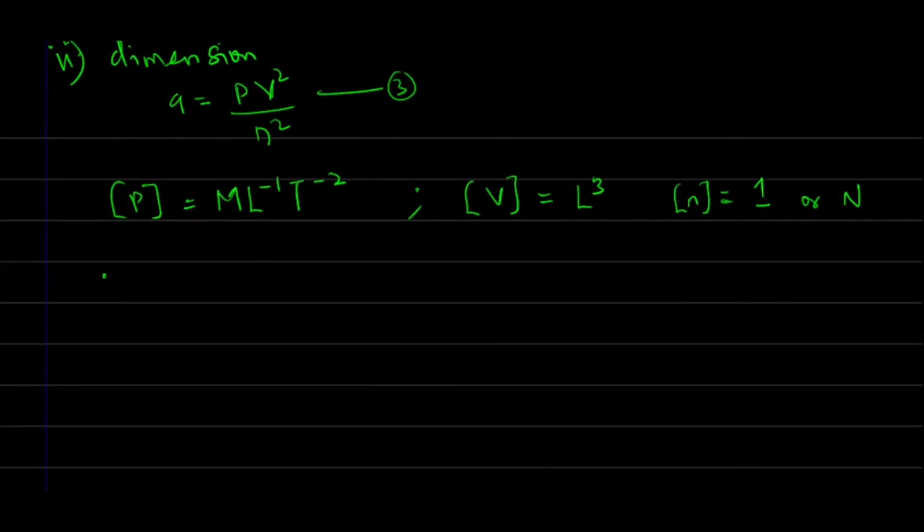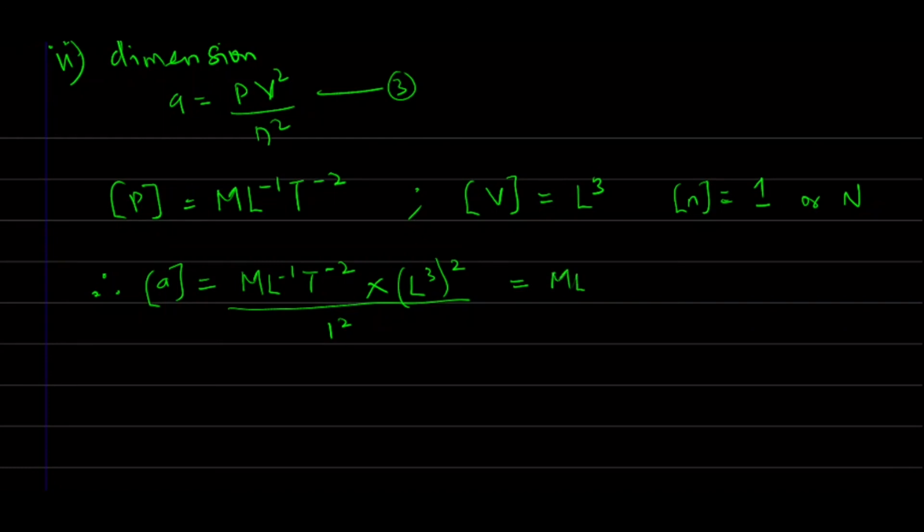So our value becomes P, which is ML raised power minus 1, T raised power minus 2, multiplied by V square. Our value for volume is L cube, but we have square of it over n, which is taken as 1 square. So in that case, we'll be having M raised power minus 1, T raised power minus 2.